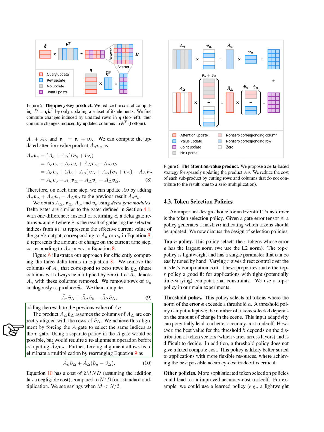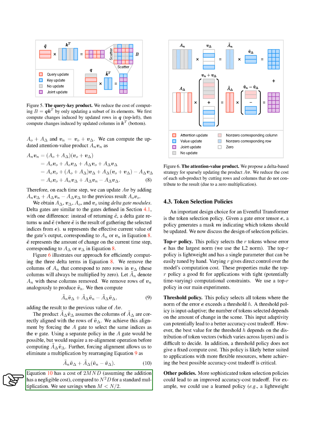Using a separate policy in the A gate would be possible, but would require a realignment operation before computing ~A_delta ~V_delta. Further, forcing alignment allows us to eliminate a multiplication by rearranging the equation as ~A_n ~V_delta, plus ~A_delta (~V_n minus ~V_delta).